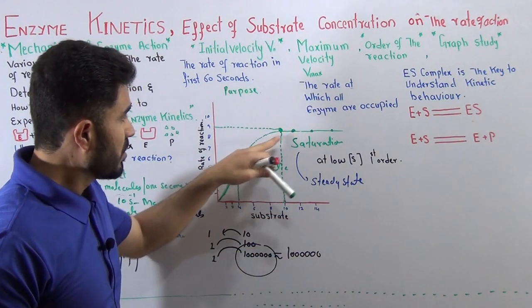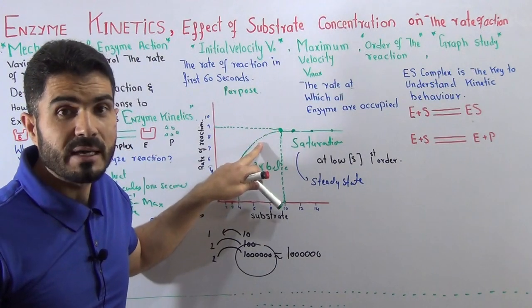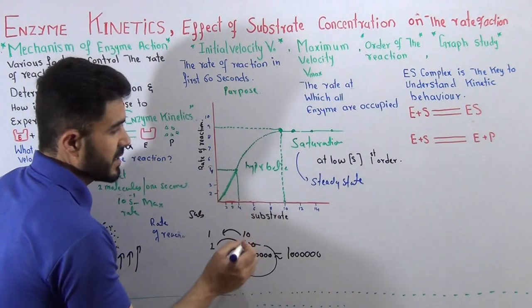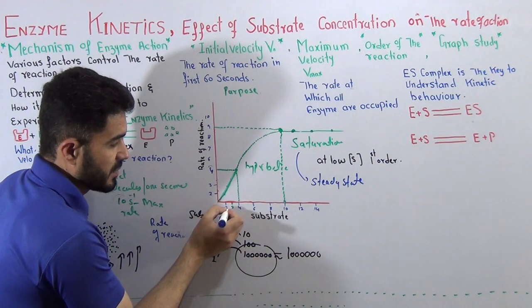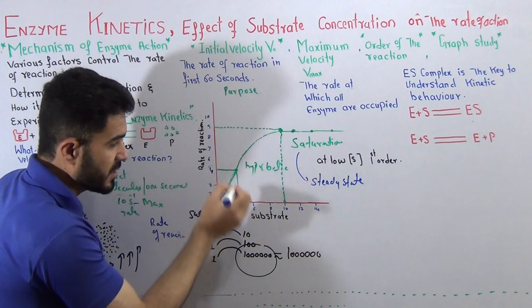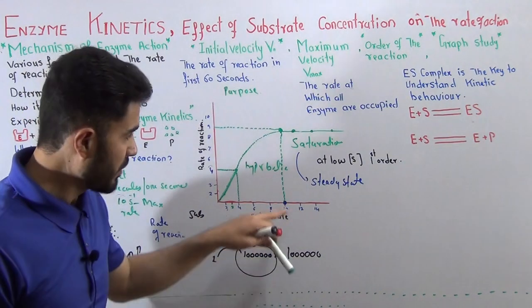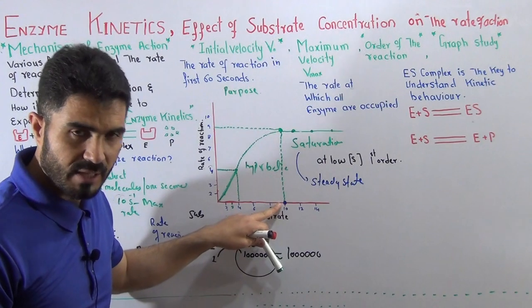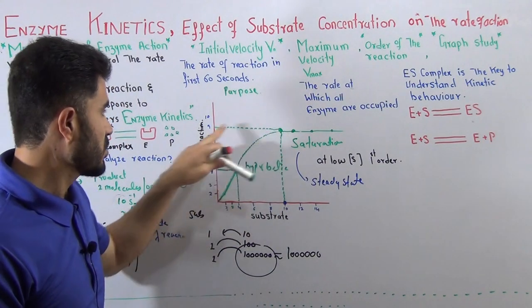And you know, this line that we got here comes to us after the maximum rate. So we can say that by increasing the substrate, the rate of reaction also increases, but only up to this limit. Up to the 10 substrate concentration, the rate reached 9.